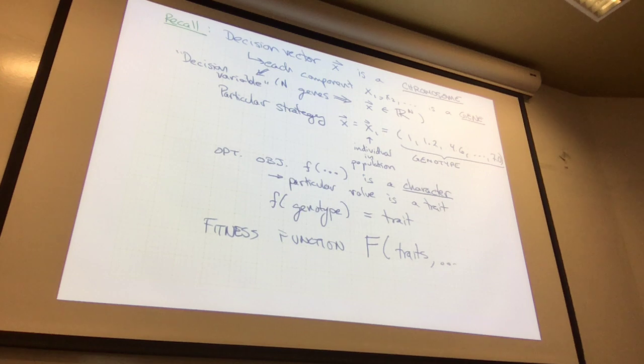This is just emphasizing that this will in general be plural, to something that relates to the quality of the suite of traits. And this is generally proportional to number of offspring, at least on average.